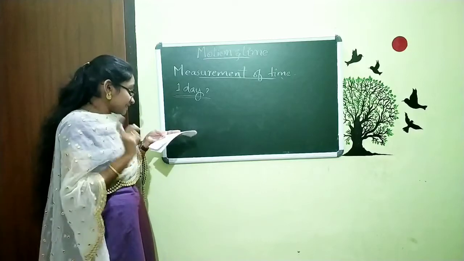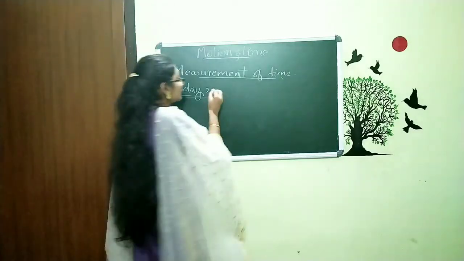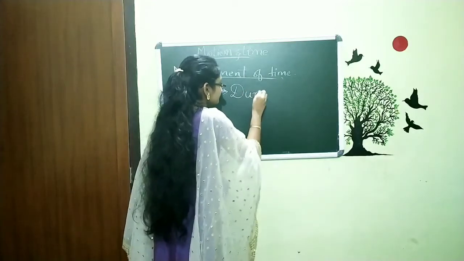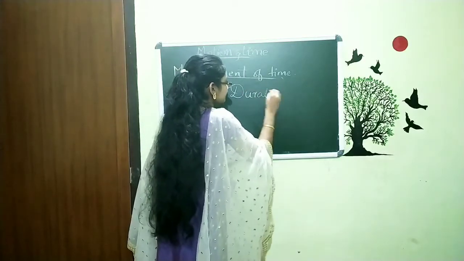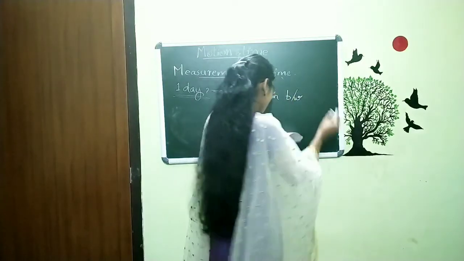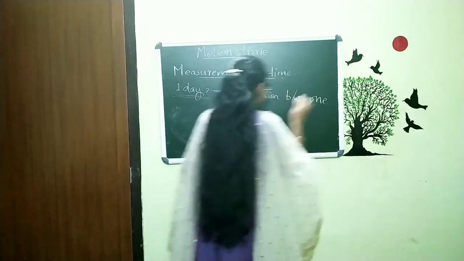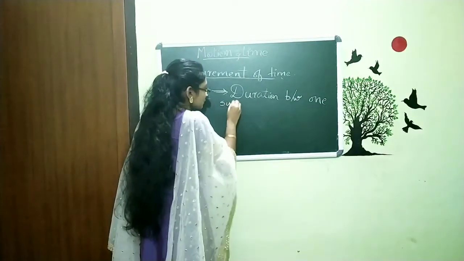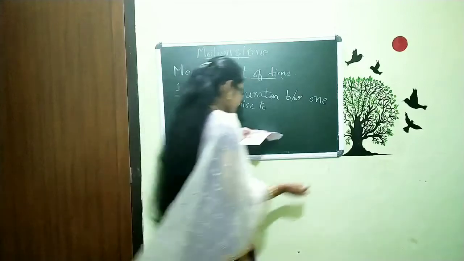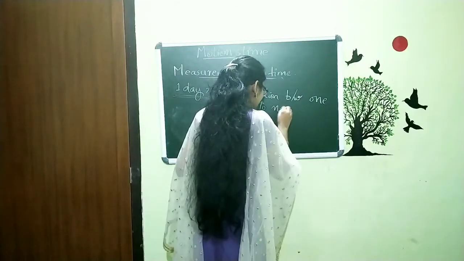So one day can be defined as the duration from one sunrise to the next sunrise.